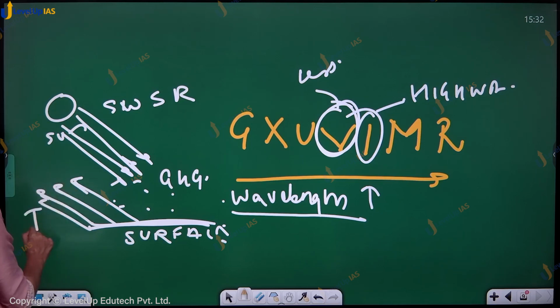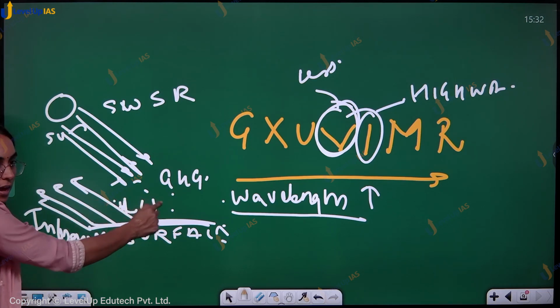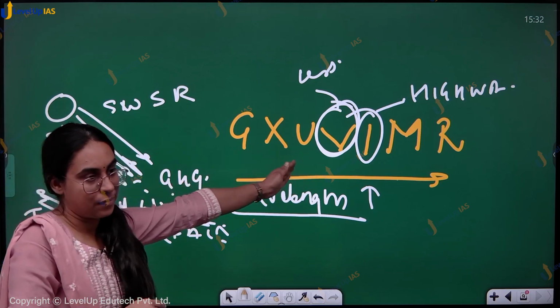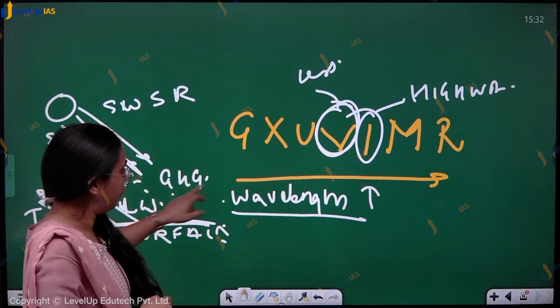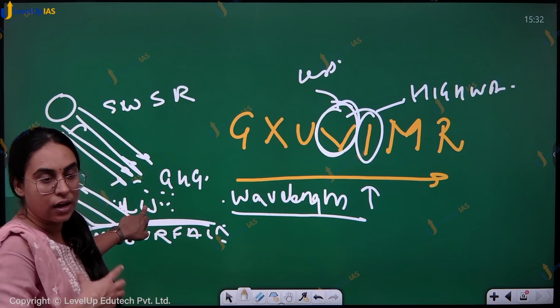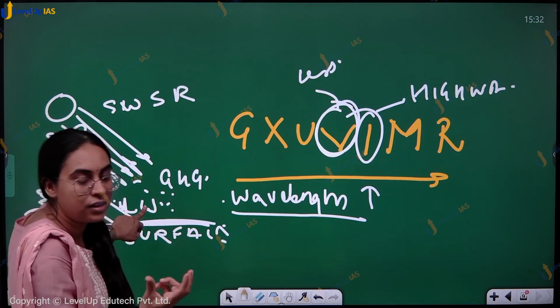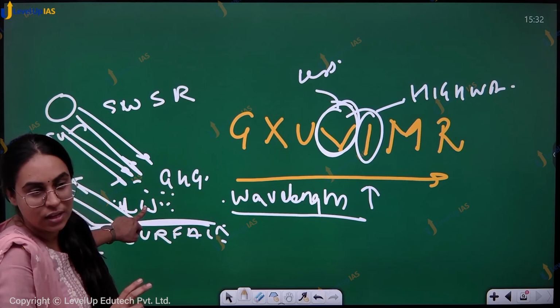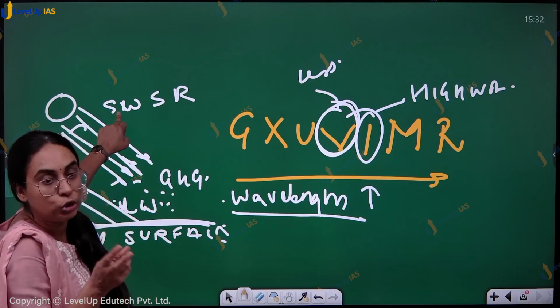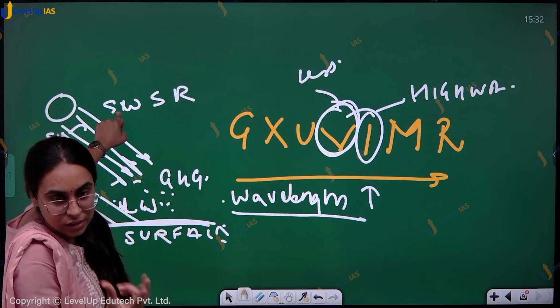Which waves are these? Infrared, which is longer wavelength as compared to visible. So what do greenhouse gases do? They are opaque to the long wave infrared terrestrial radiation. They are transparent to short wave solar radiation.